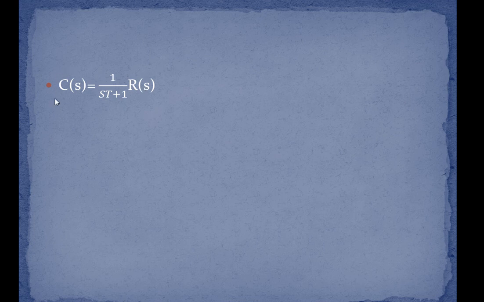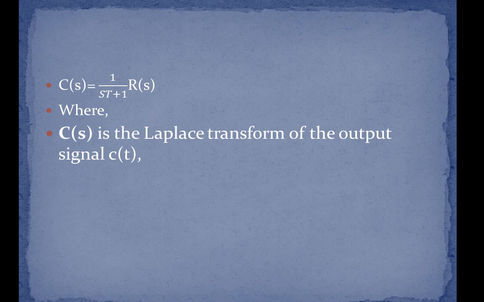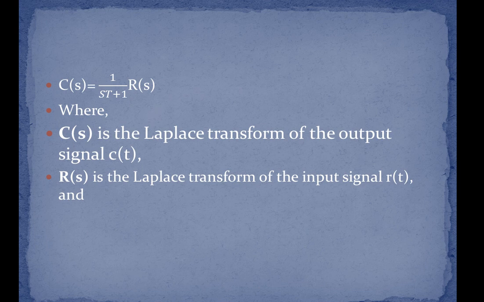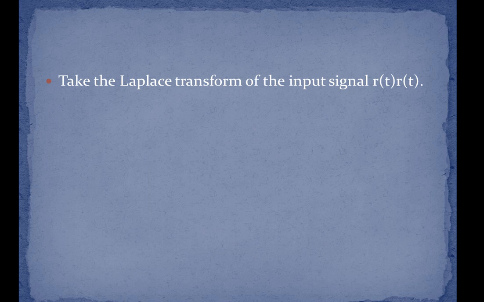Here C of s is the output, R of s is the input, and 1 by s tau plus 1 is the transfer function of the system, where C of s is the Laplace transform of the output signal c of t, R of s is the Laplace transform of the input signal r of t, and tau is the time constant. In order to get the time response of the first order system, we have to follow certain steps. First one is take the Laplace transform of input signal r of t.